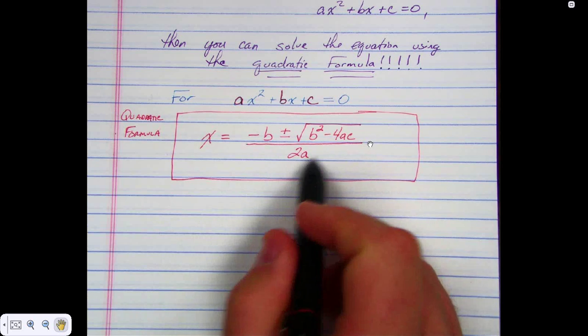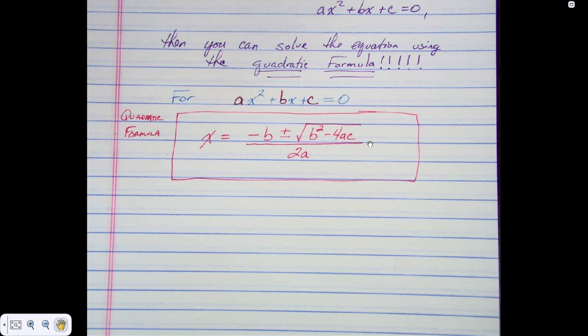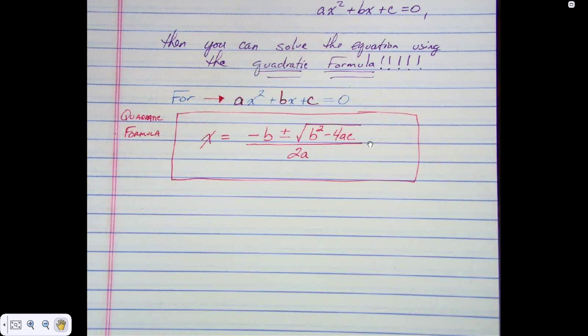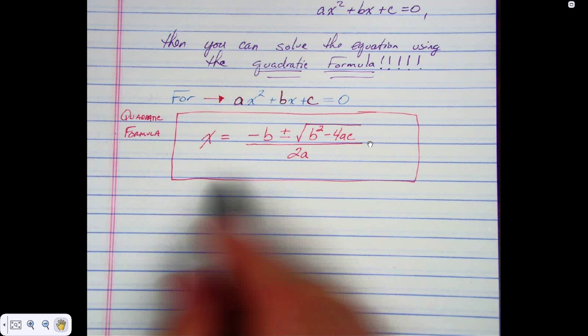Where do you think this b, this a, and this c come from? Where do you think I get that from? Anybody have a guess? Well, I said for ax squared plus bx plus c equal to 0, this is true.